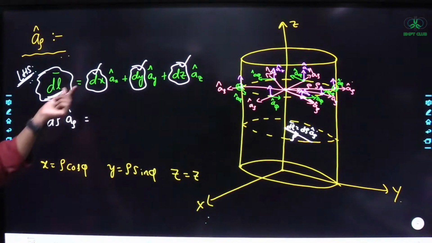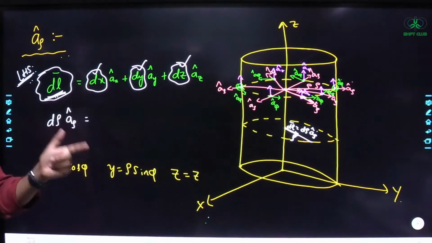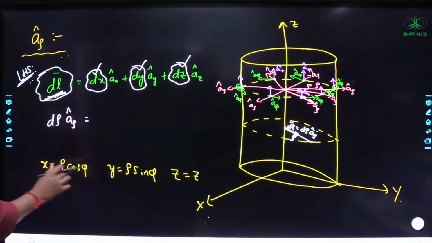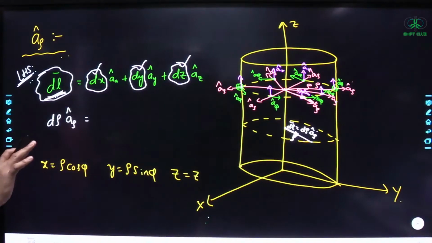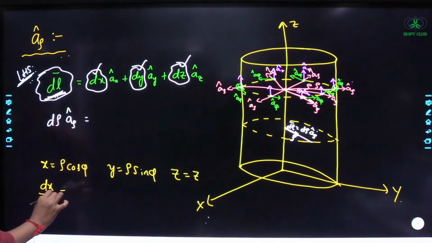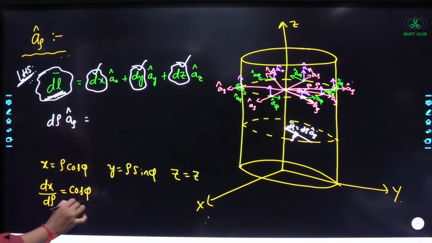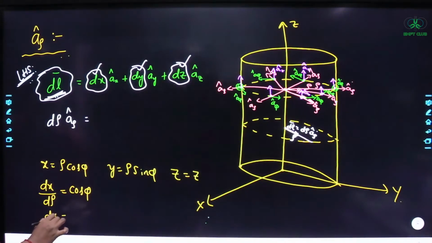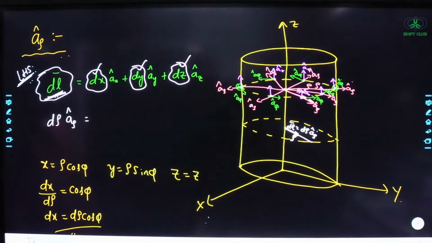To determine dx by varying only rho, we differentiate both sides with respect to rho. We get dx by d rho is equal to cos phi, so dx is equal to d rho into cos phi. This is dx by varying only rho.